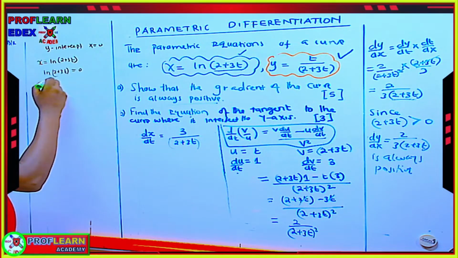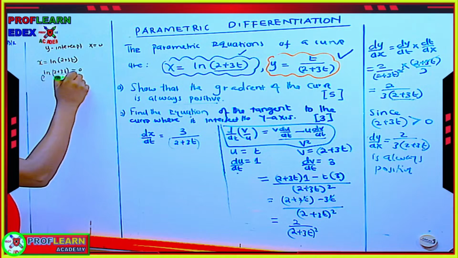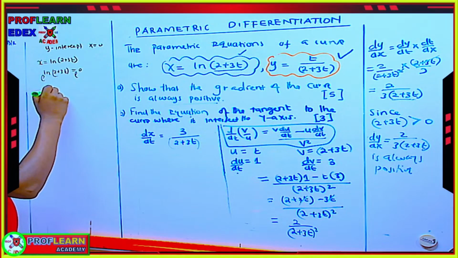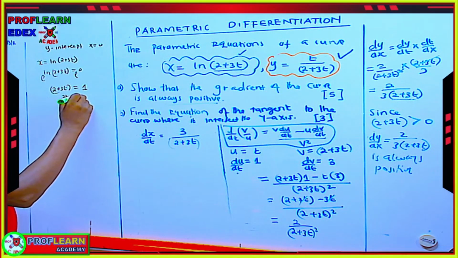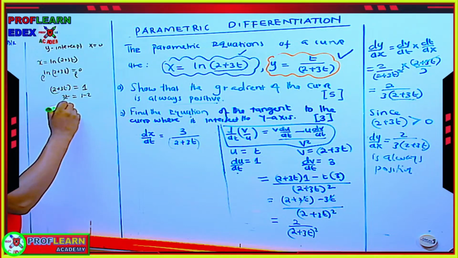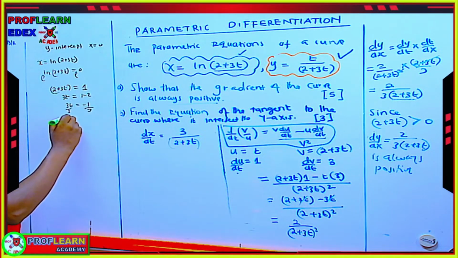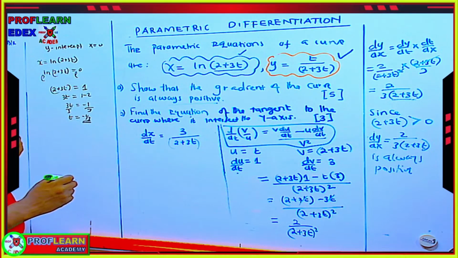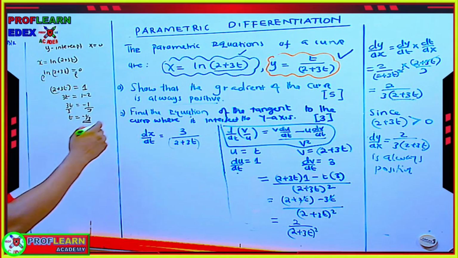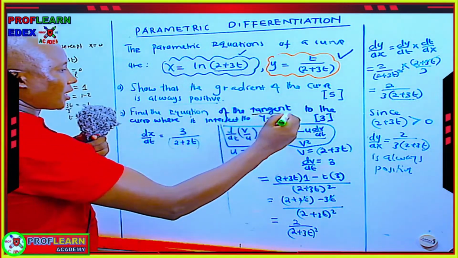Then if we take the exponent of both sides, we're going to have 2 plus 3t is equal to 1. Then we can take this to the other side, we shall have 3t equals 1 minus 2, which is negative 1, so t is negative 1 over 3 in this case. And remember, we are finding the equation of the tangent.